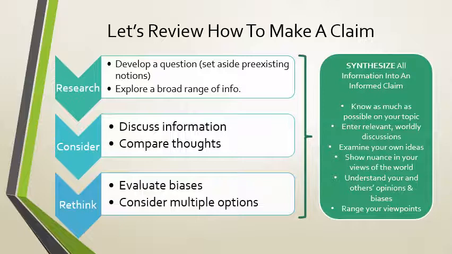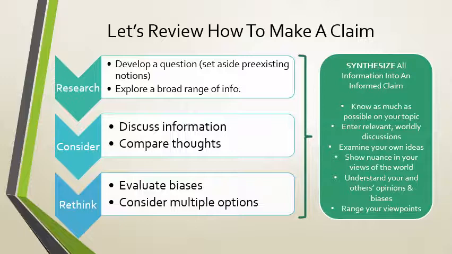So when we're synthesizing, when we are drawing all those connections together, we're taking it all and we're making an informed and original claim, right? Our claim needs to be something new in synthesis. We're seeing connections that weren't seen before or that other people haven't seen yet.